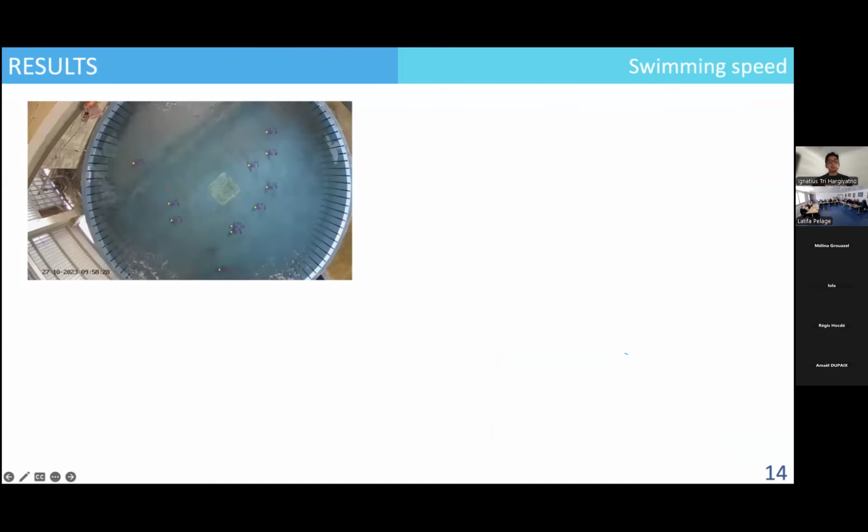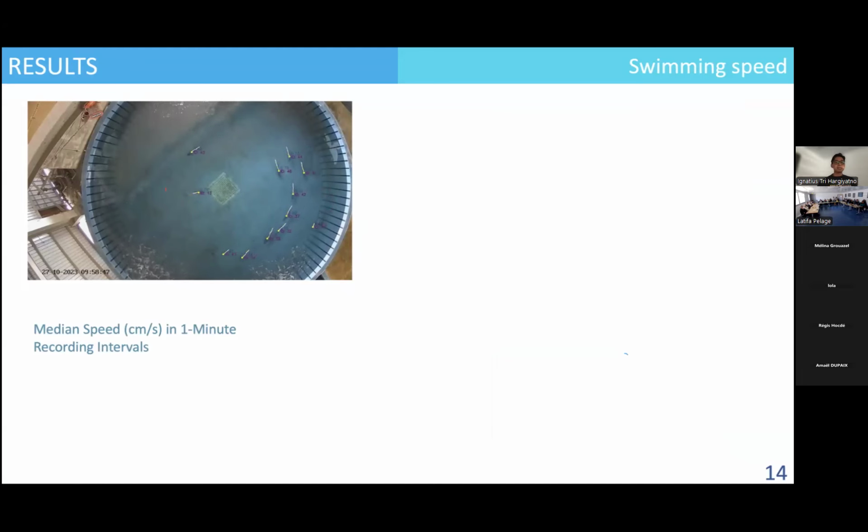First, what we got is about the swimming speed. I used AI to identify the tuna and then to identify the movement, and I calculated the median speed in a 1-minute interval. I only took one sample during 1 hour.